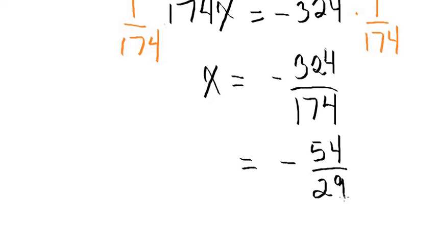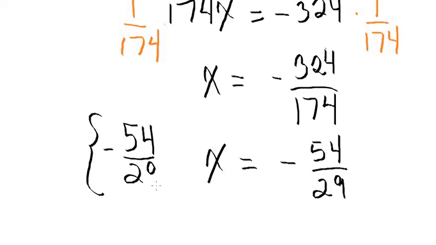Right, negative 54 over 29. Okay, so our solution set contains negative 54 over 29. That's going to be the solution.